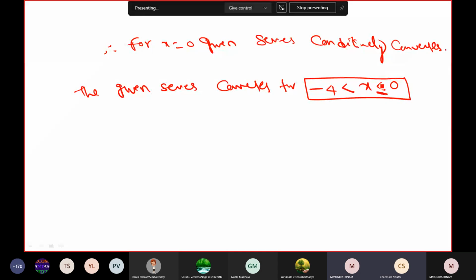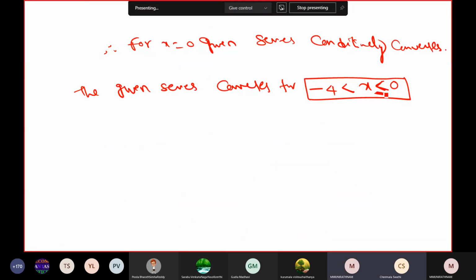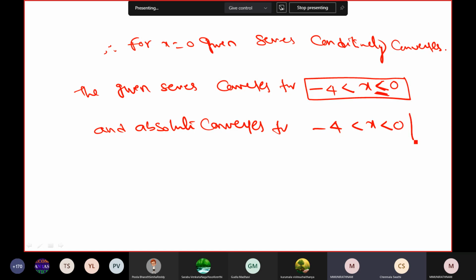For equal to 0, convergent. Equal to 0, ma'am. And absolutely converges for -4 less than x less than 0.